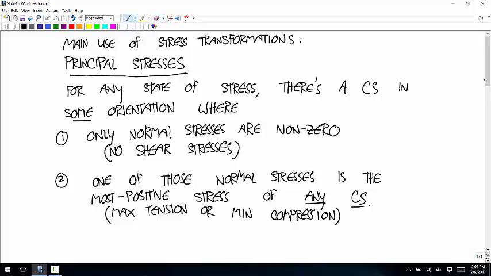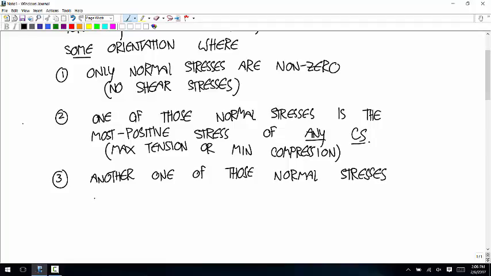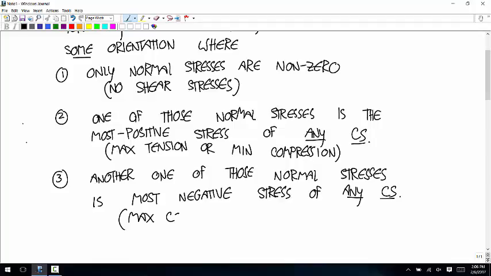Another one of those three normal stresses is the most negative stress that you can find with any coordinate system. That value would be the maximum compression or minimum tension.